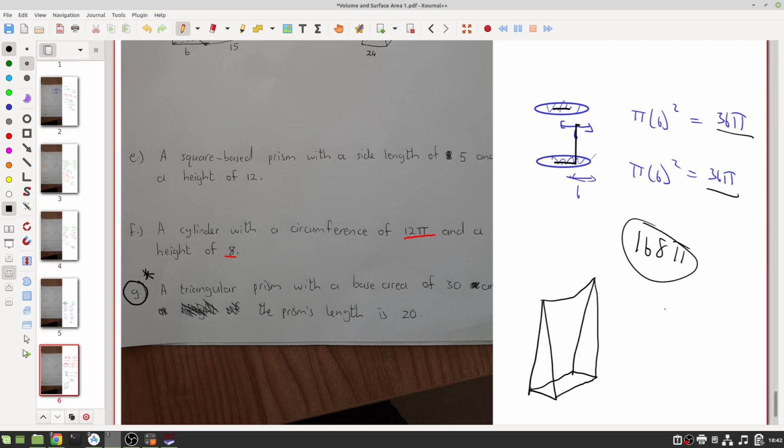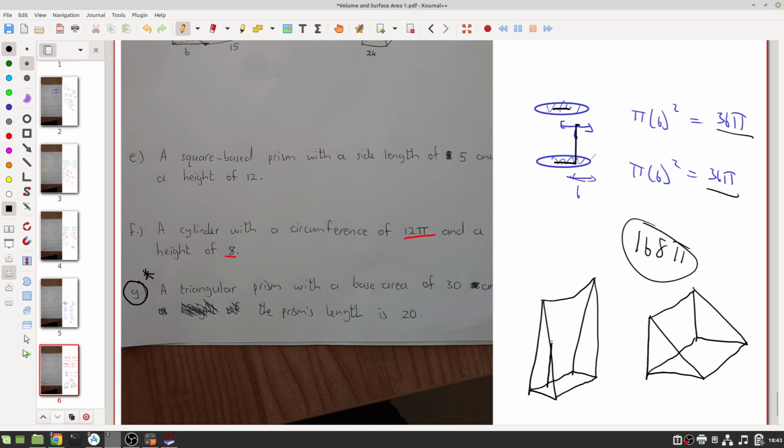Or it could be something that looks like this. So we don't know what it looks like, and both of them could have the same total surface area. You see these rectangles are much longer, the small bottom one is much less, so it can cancel out. We don't know the shape of the triangle. We don't know anything about the lengths, which lengths are how much. So we can't figure this out.